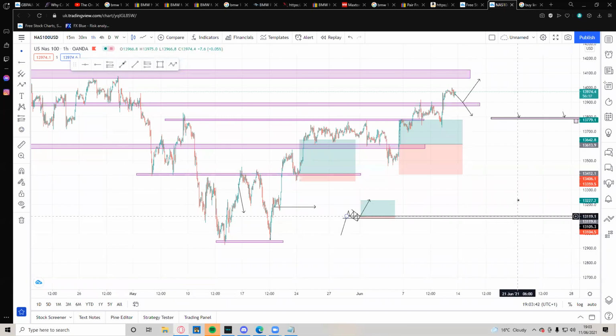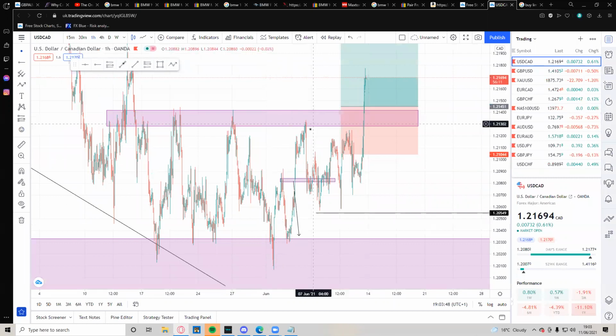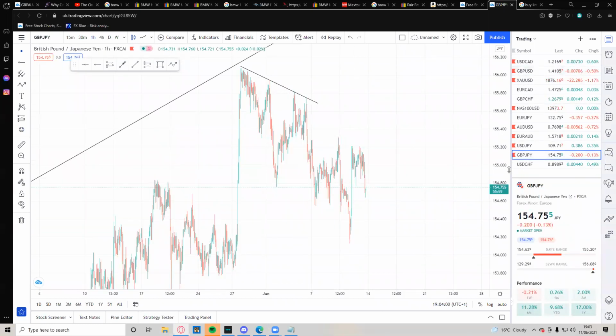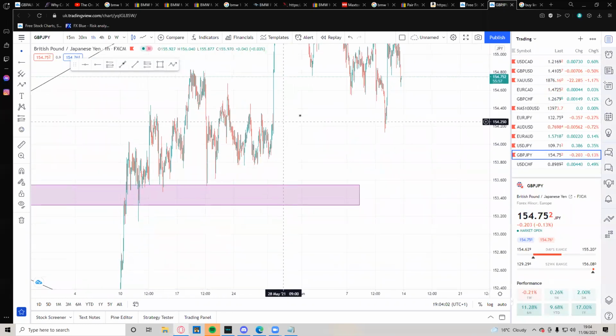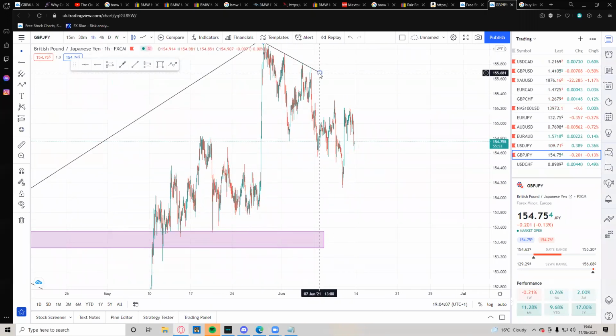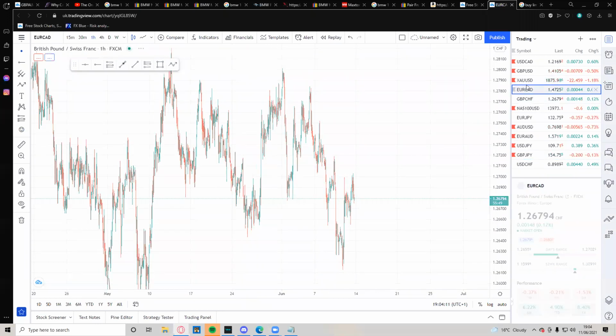When I first started off, I stuck to 3 or 4 pairs, and once I understood the relationship between these pairs, I moved on to others. I didn't just go to random ones. For example, if I traded GBPUSD, I would then go to GBPJPY because I've still got GBP, and I would look at how it reacts. So stick with 2 or 3, or whatever you can handle, and then start expanding once you understand the relationship.